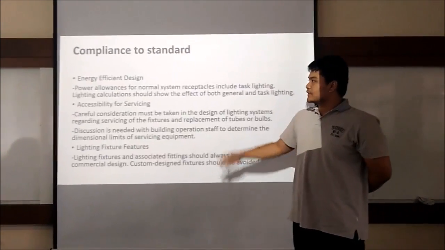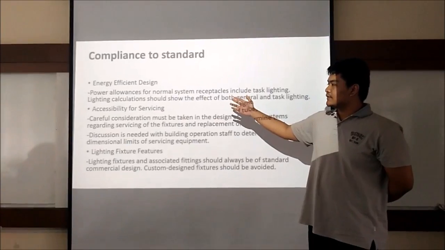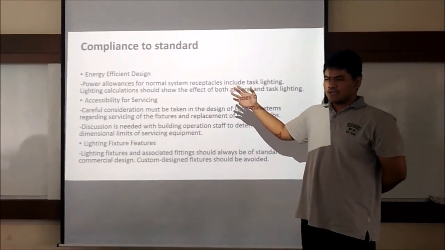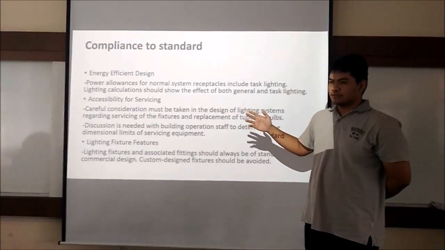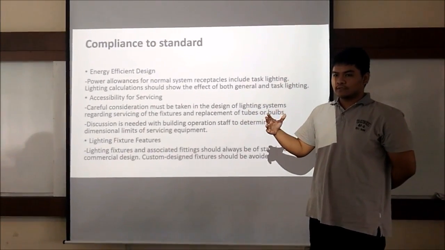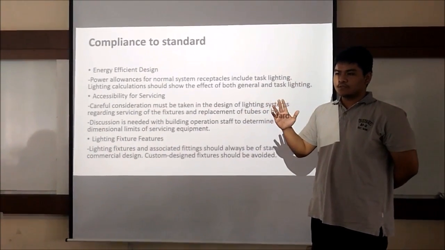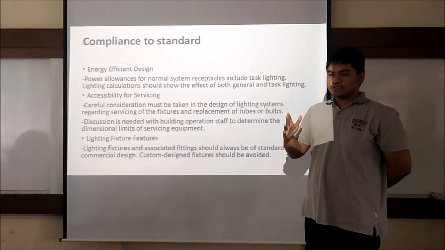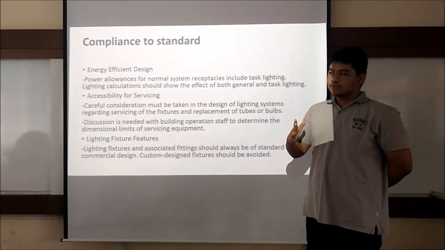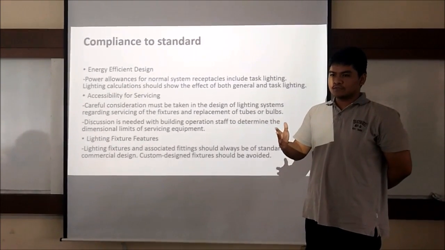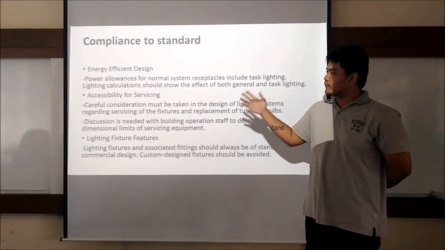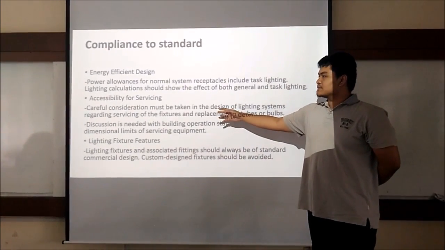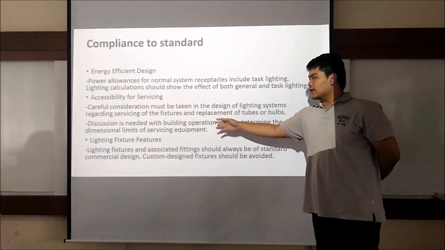Okay, the first, for compliance to standards, is energy efficient design. Energy efficient design refers to reducing the power use. Also, as power use is reduced, we can save the money used for the power. And the second one is accessibility for servicing.